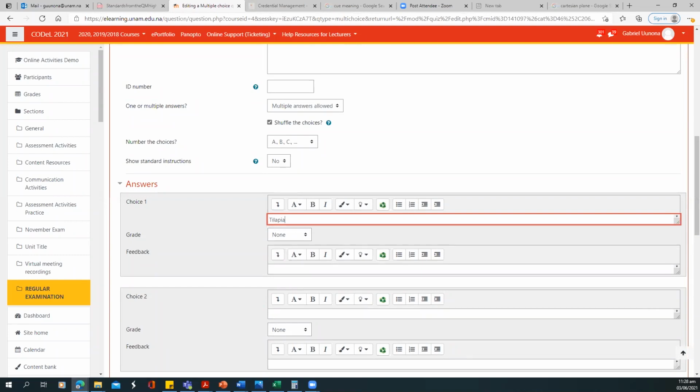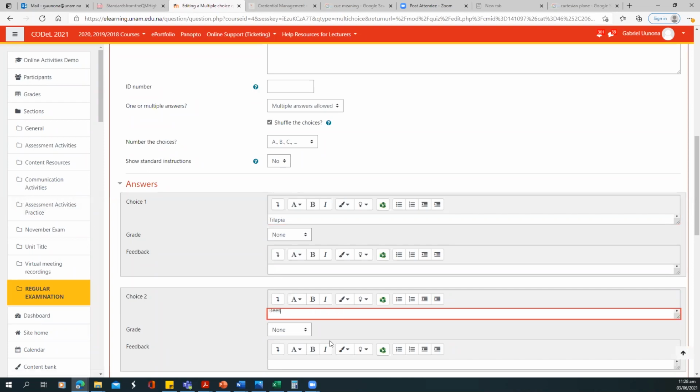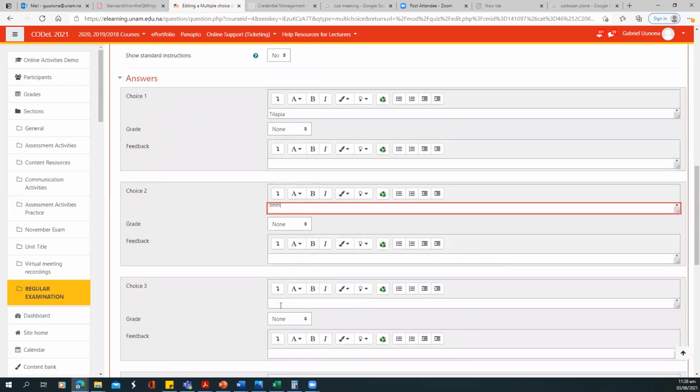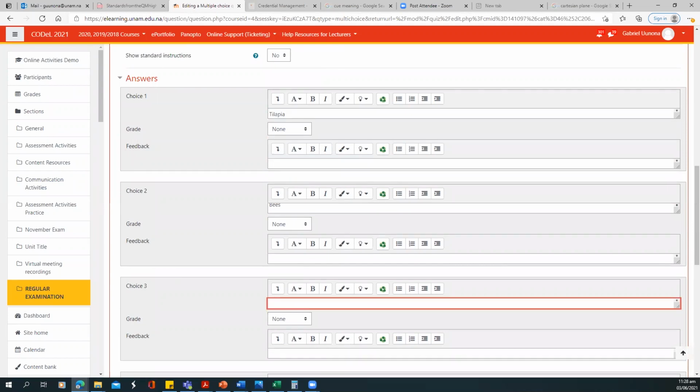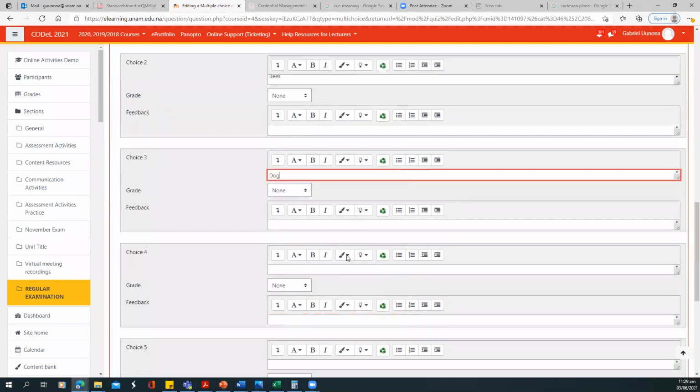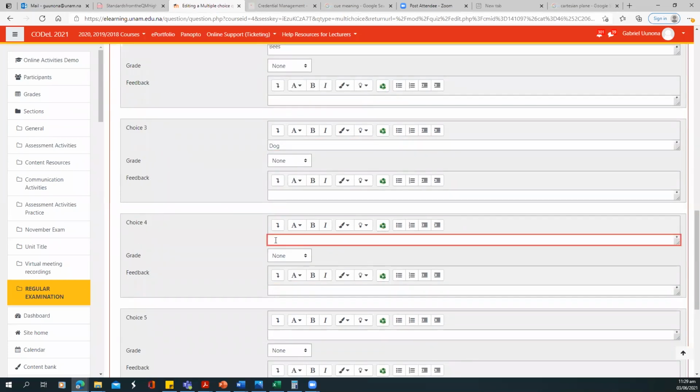Maybe I put tilapia. Then I put bees. I put 3 already, this is the third one. Maybe I put dog. Then I put cat.